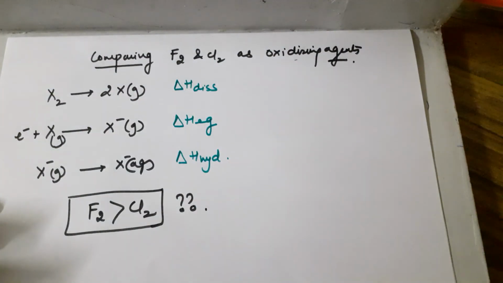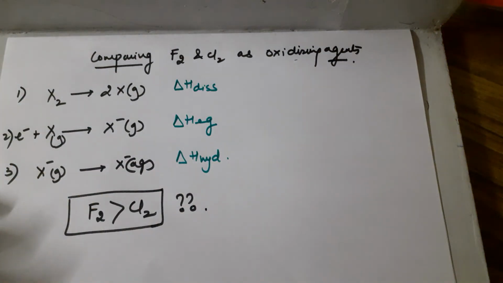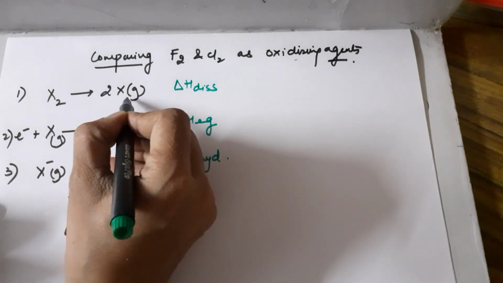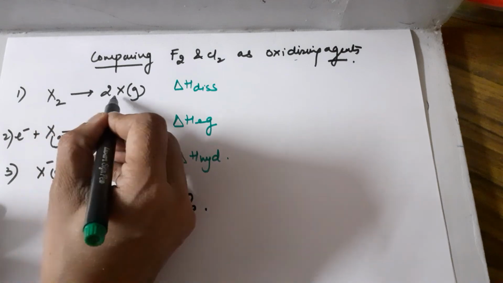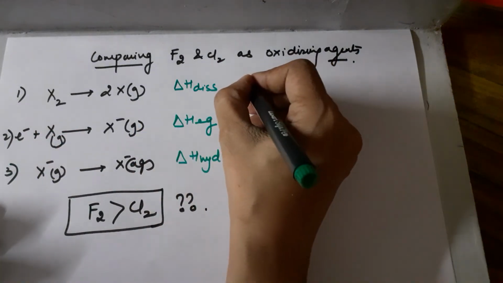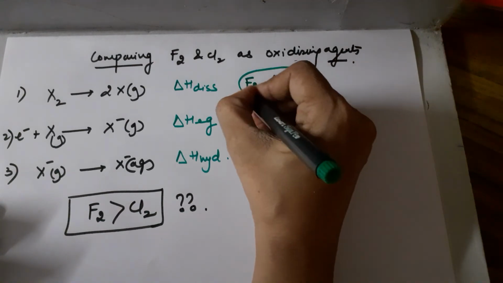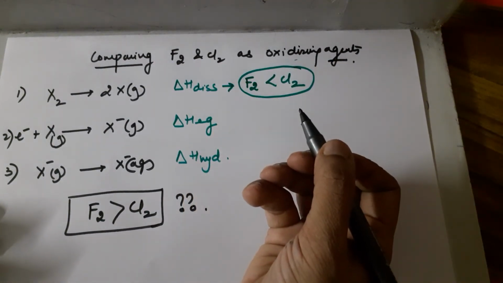So talking about the 3 factors, the first step that you need is to dissociate it, because it has to be accepting electron in a monoatomic state. The first step, the bond has to be broken down, that is enthalpy of dissociation, and we know F2 bond is weaker, so the enthalpy of dissociation will be higher for chlorine because of the lone pair repulsion discussed already.